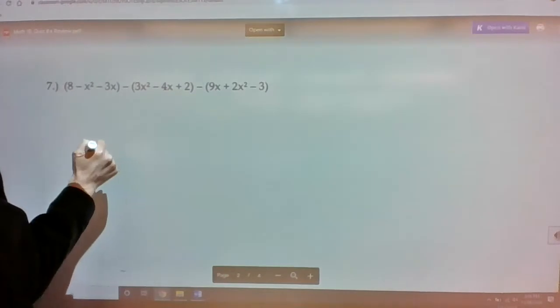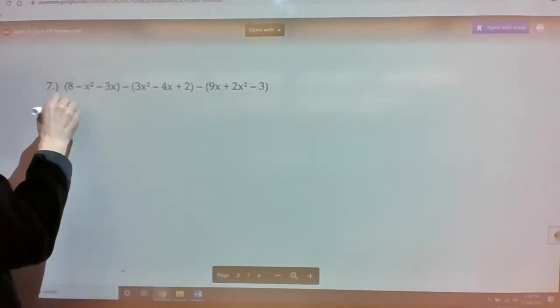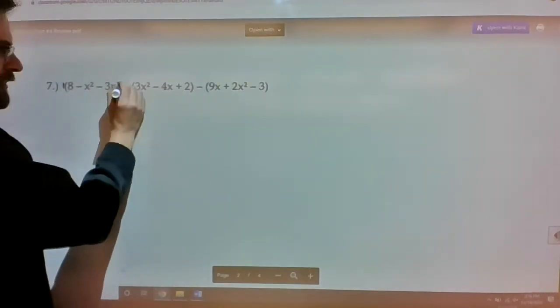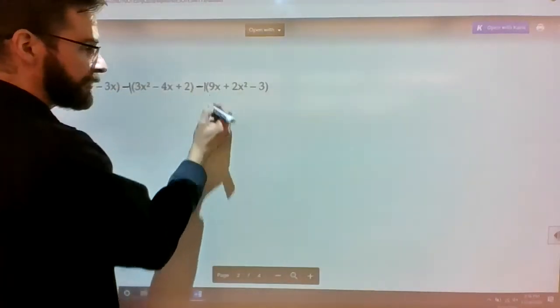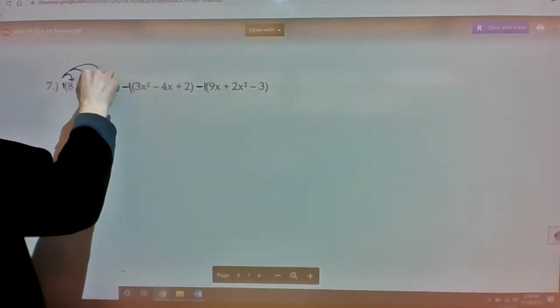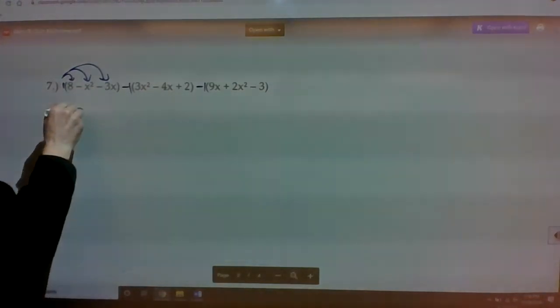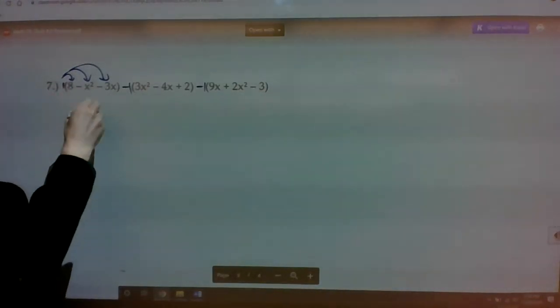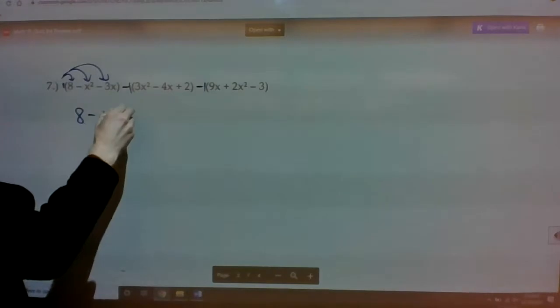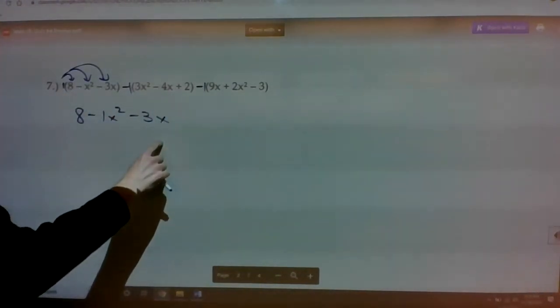When you add or subtract polynomials, you have to look at the numbers in front. So I only got ones in front here. This is a -1. This is also a -1. Distributing a 1 to everybody changes nothing inside of here. So it's still going to be 8 minus 1x squared minus 3x. Pretty much nothing changed when you multiplied by 1.